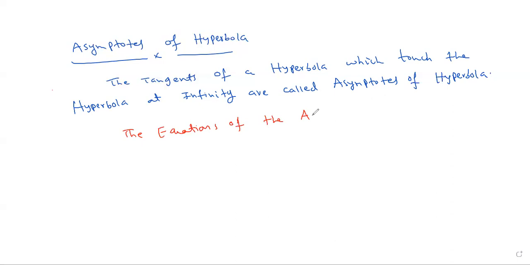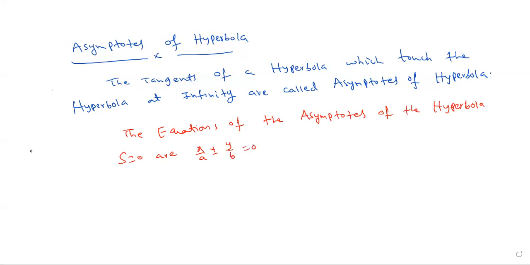The equations of the asymptotes of the hyperbola S equal 0 are x by a plus or minus y by b equal to 0.